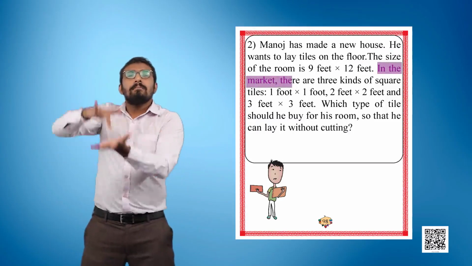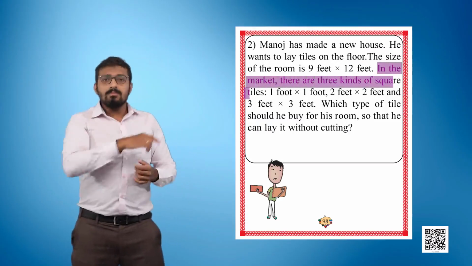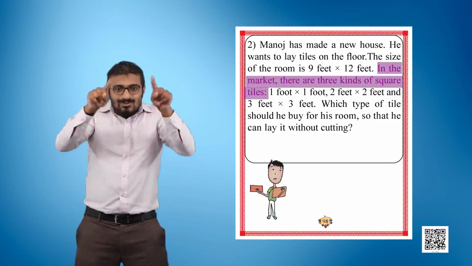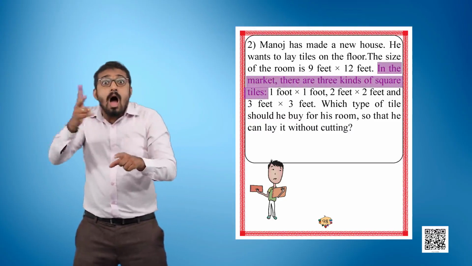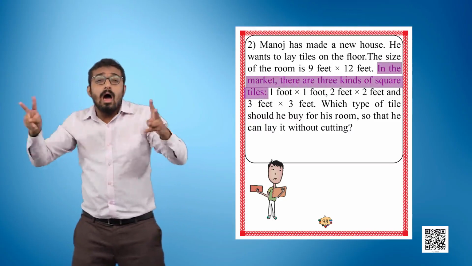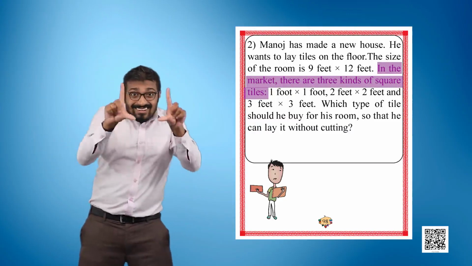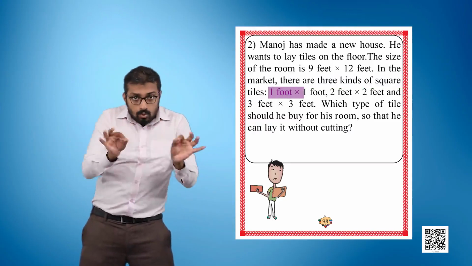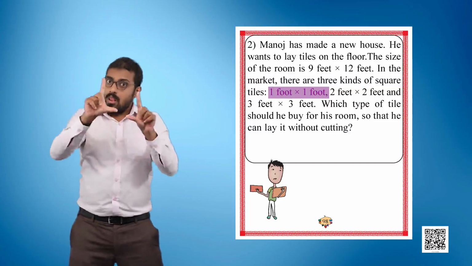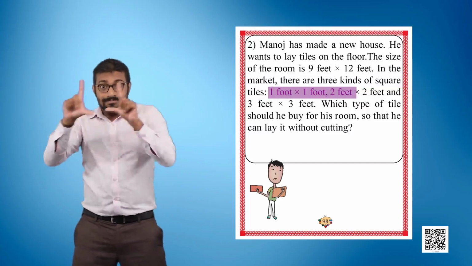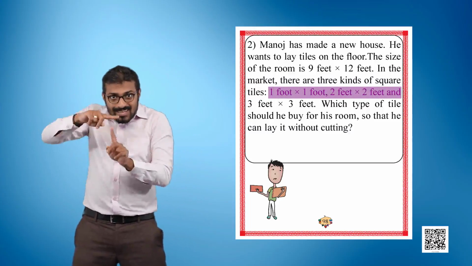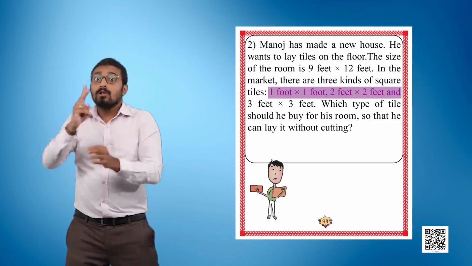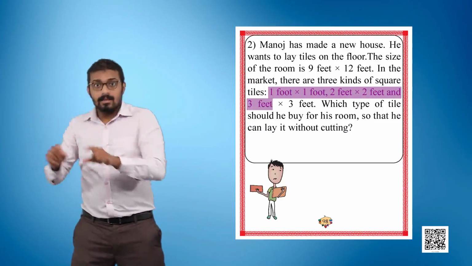In the market, there are 3 kinds of square tiles: one foot by 1 foot, 2 feet by 2 feet, and 3 feet by 3 feet.